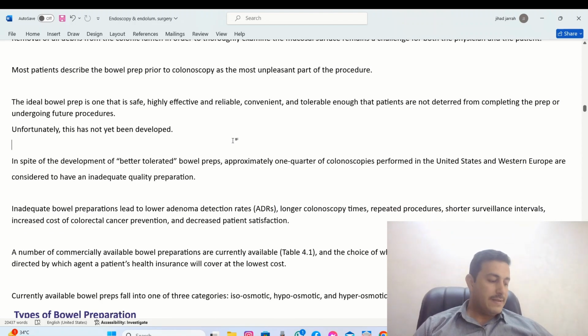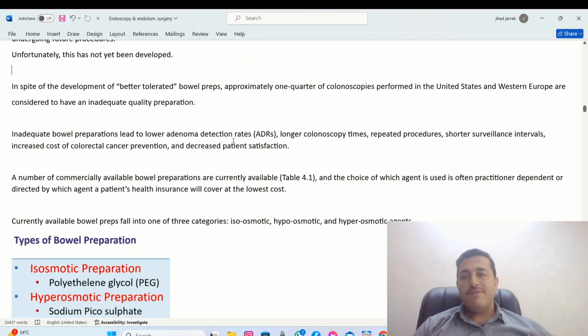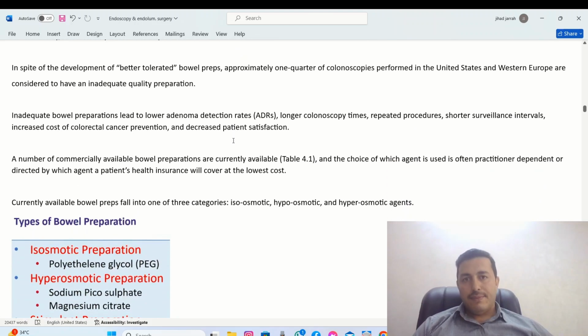We have many types of bowel preparations, and the selection of each type actually depends on three factors. First, it is sometimes the practitioner or the endoscopist preference. He used to learn or remember 2 to 3 regimens that he is familiar with or sure of the quality of the preparation after using it.